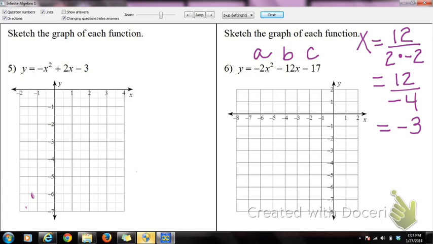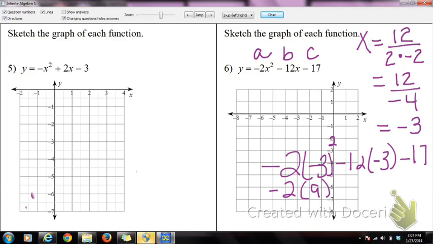And to find our y value, we have to plug negative 3 into our equation. We're going to keep our negative 2. We're going to square our 3. We'll just write it down over the graph, and then later we'll erase it. Have our minus 12 times our negative 3 and our minus 17. Negative 3 squared is positive 9, so we have negative 2 times positive 9. 12 times 3 is 36, and a negative 17.